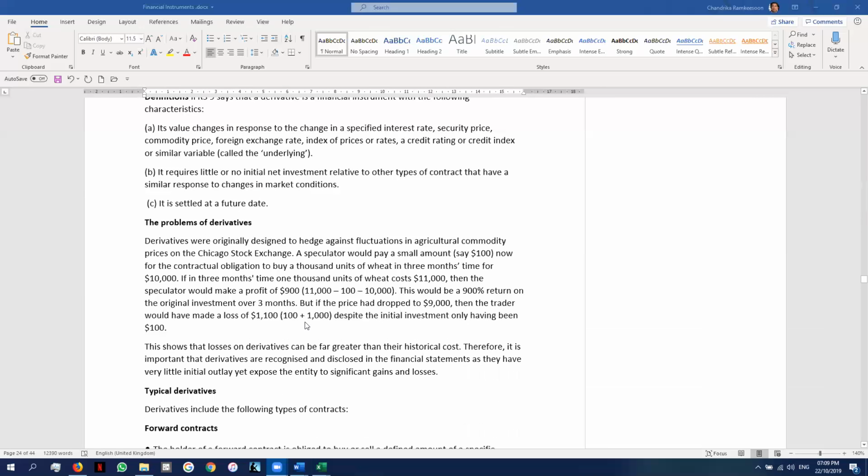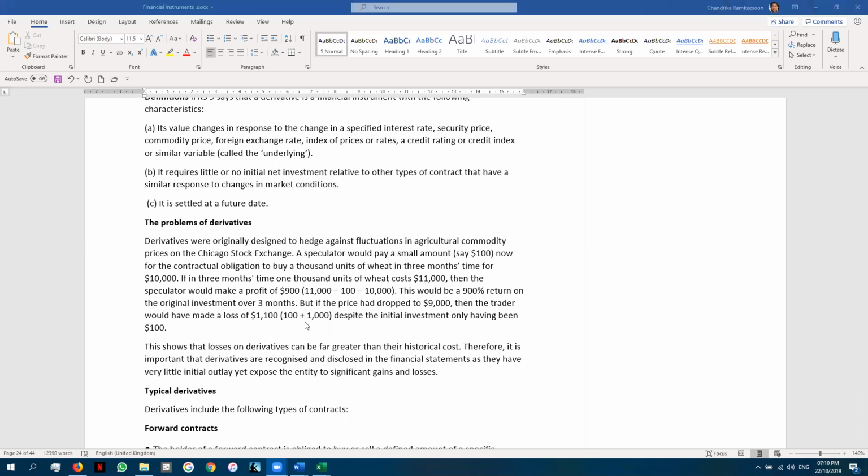The problems of derivatives. Derivatives were originally designed to hedge against fluctuations in agricultural commodity prices on the Chicago Stock Exchange. That is why they were originally used. Agricultural commodity prices, as I said, may go up. So retailers or wholesalers wishing to buy agricultural commodities in future, to protect themselves against increasing prices, may use derivatives.